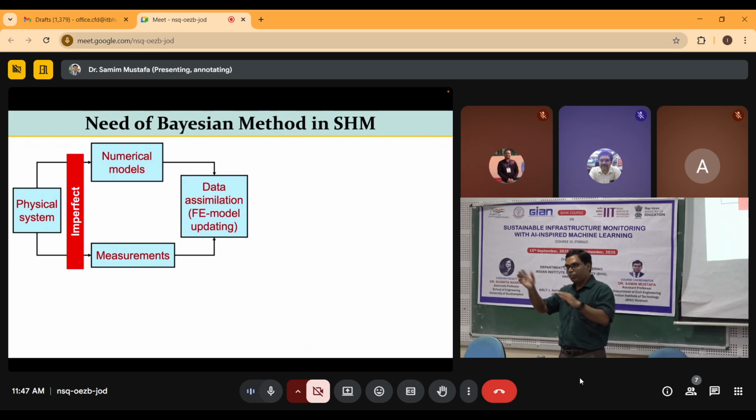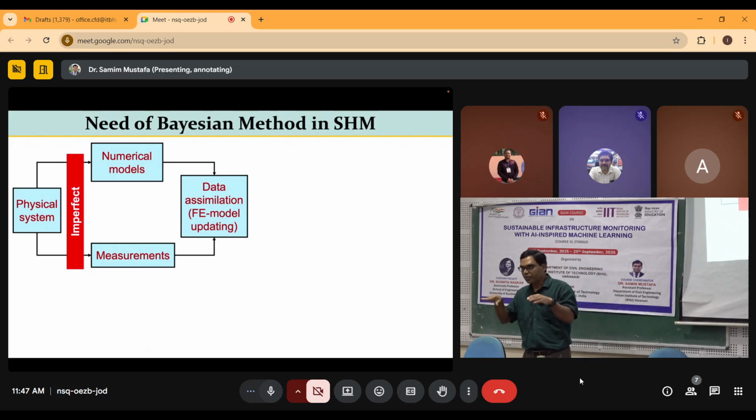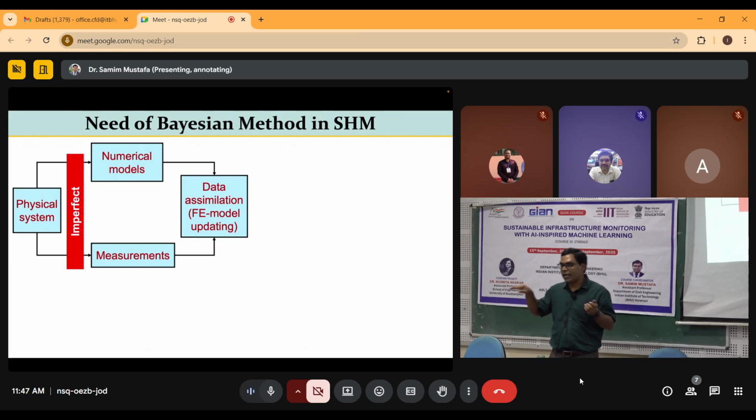From the analysis you get some modal parameter or time history response, whatever you want to evaluate. That is the numerical model, right? So that could be your baseline because it is based on your design parameter. Now, when it is constructed at site, then only measurement is possible, right?